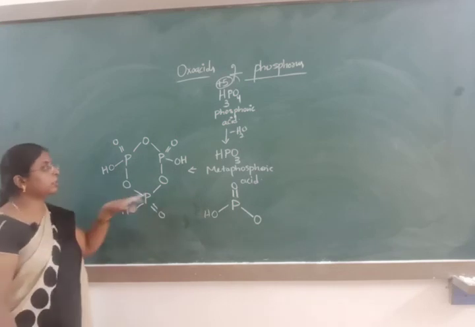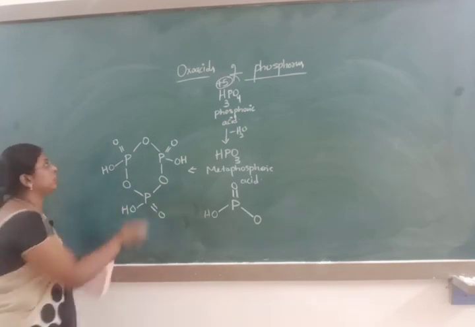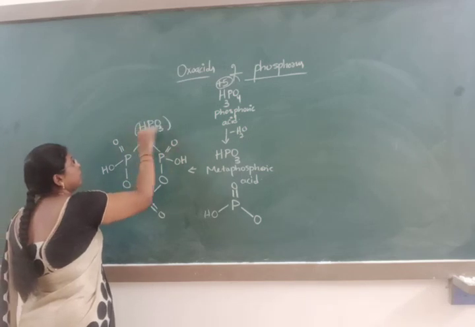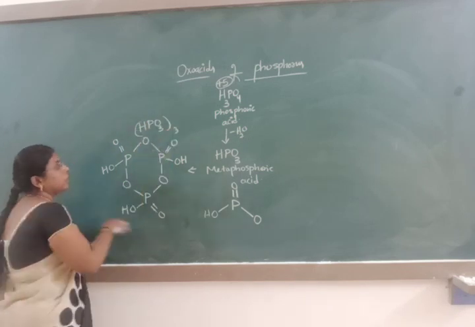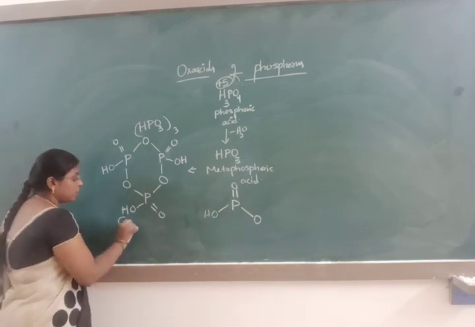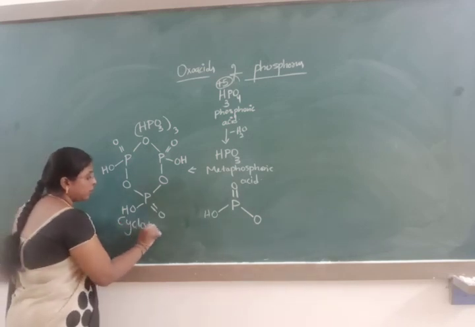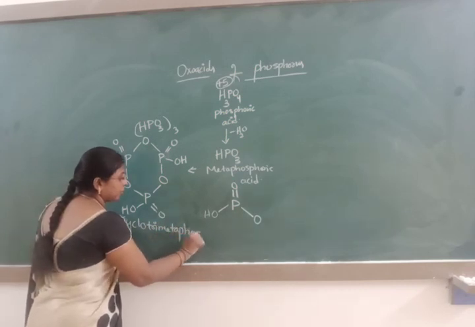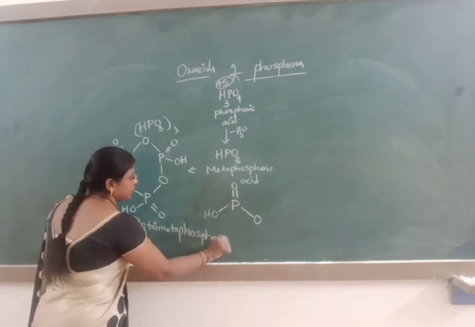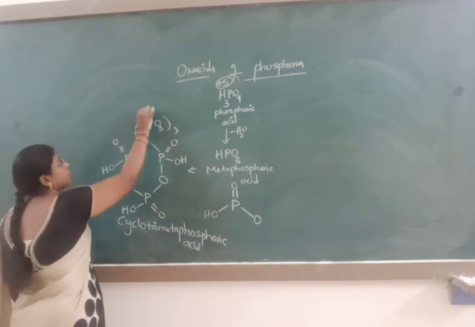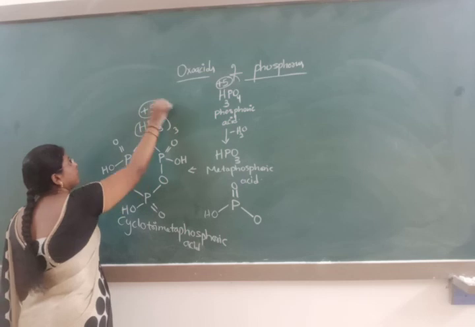This is the 3 molecules of HPO3. How many? 3. How are they arranged here? They are arranged in cyclic form. Hence it is known as cyclotrimetaphosphoric acid. The oxidation state of phosphorus will be +5.